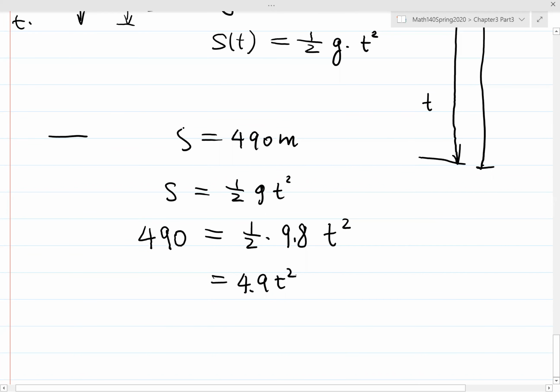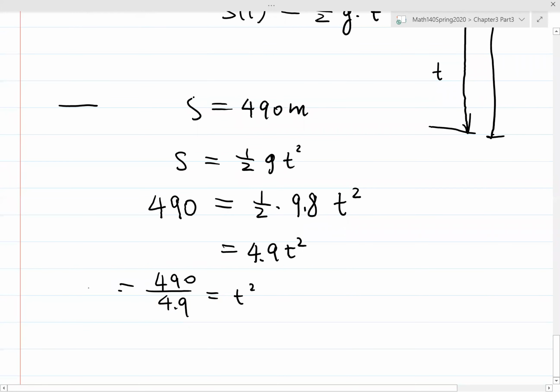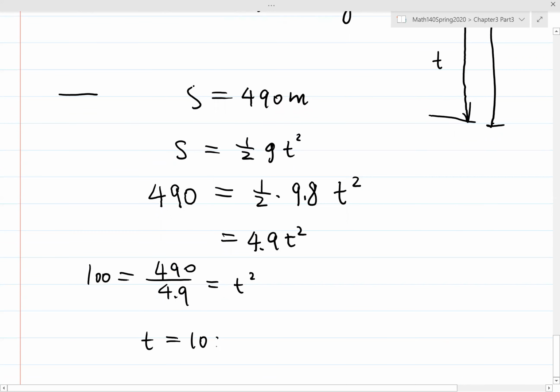If you divide by 4.9, you get t squared equals 100. So t is 10 seconds. After 10 seconds, this object will hit the ground.